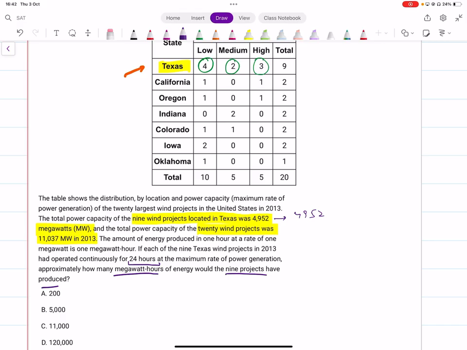If they're running for 24 hours, how many megawatt hours of energy would they produce? 1 megawatt hour is the energy produced in 1 hour. So you just multiply this by 24. Are we talking about one day?